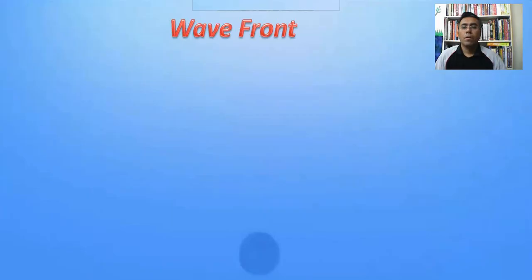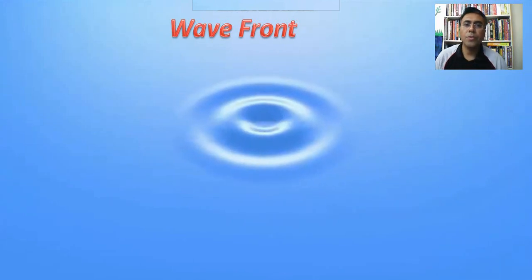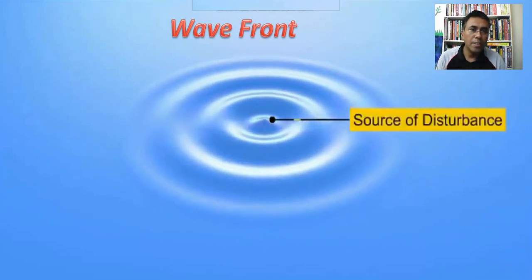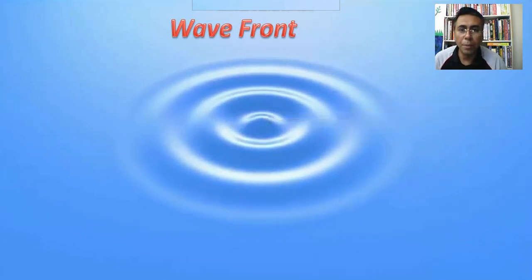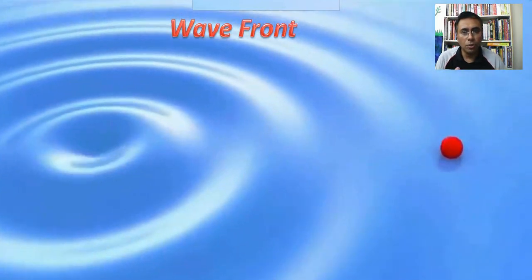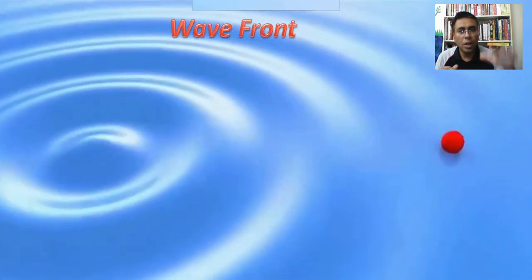So let's begin. When a small pebble is dropped in a pool of still water, it creates ripples on the surface. These ripples form concentric circular rings around the source of disturbance and spread outward uniformly. When these ripples reach a point on the surface of water, the point starts oscillating up and down.